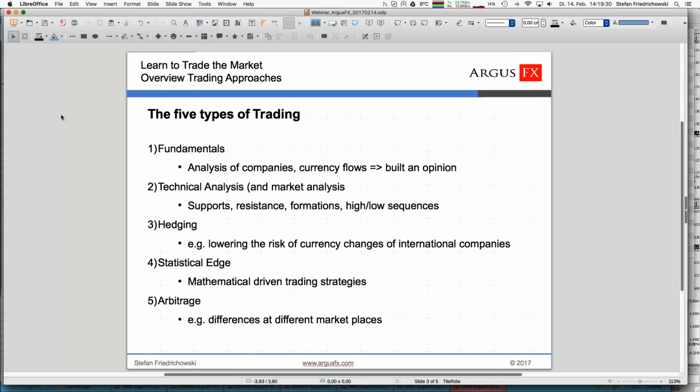Whatever comes there is finally creating an opinion. And that opinion can be traded, of course. Still, I would always say, hey, do it with stop loss and so on. But your trading approach is fundamental. That means you build up an opinion on a specific market, company, currency, and then you trade. So that is one approach. To say immediately that approach is good or bad, no answer.